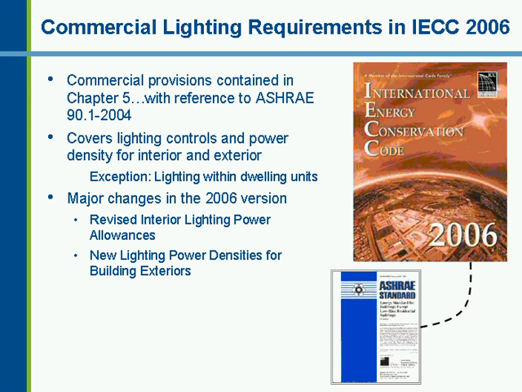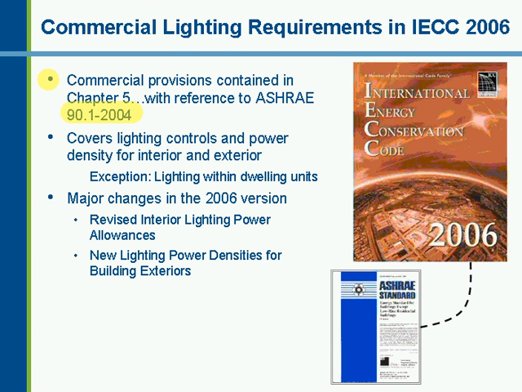So let's move to the actual requirements in IECC 2006. In the 2006 document, the commercial provisions are contained in Chapter 5. The other chapters deal with administrative definitions, residential requirements, and such. Chapter 5 is the commercial, and it does have, as mentioned before, a reference to ASHRAE 90.1 as an alternate complying code.